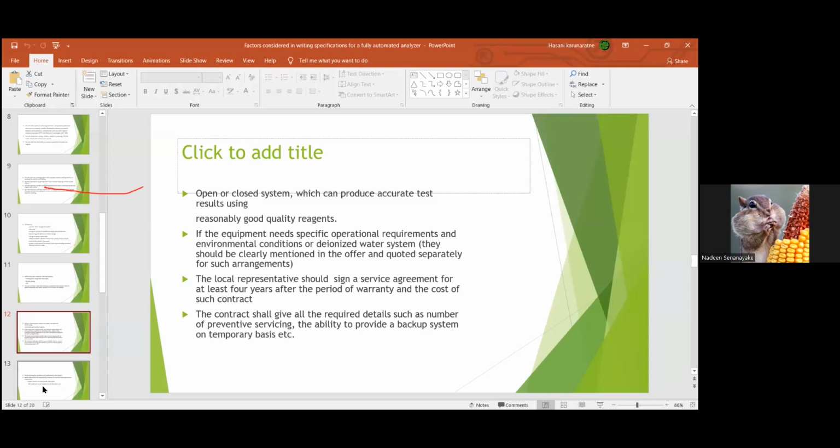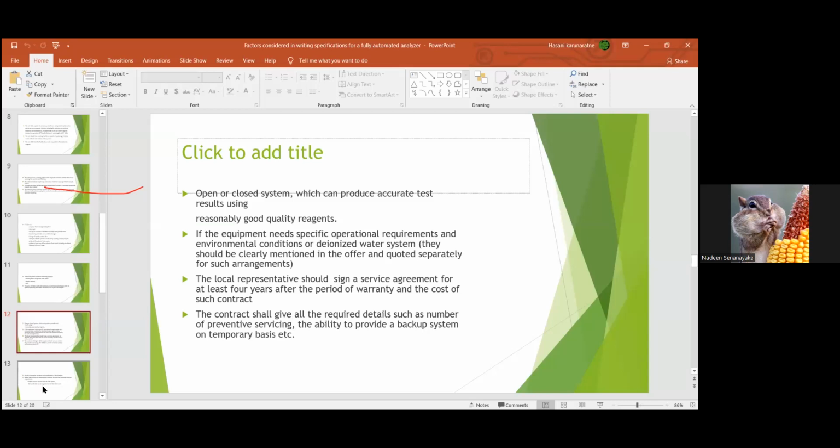Deionized water system, some bidders offer free of charge, and some we have to pay for. So this should be mentioned clearly in the tender.